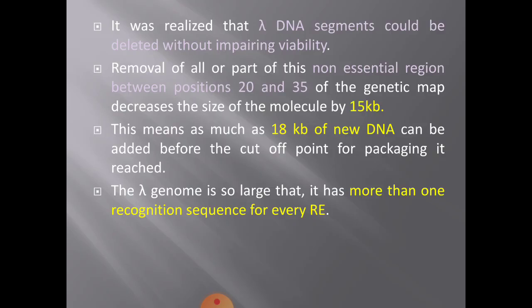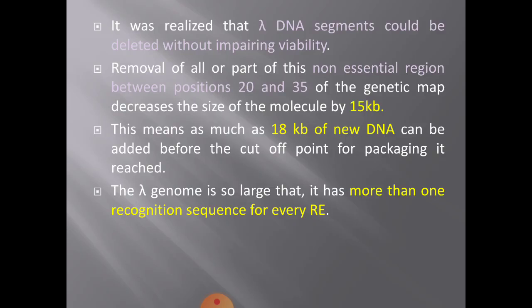Okay. Now, the idea of developing vectors with lambda-phage came in the way with the discovery that lambda segments could be deleted, lambda DNA segments could be deleted without impairing viability.